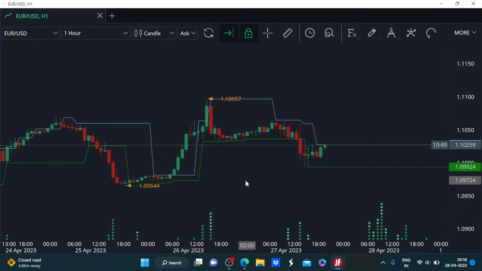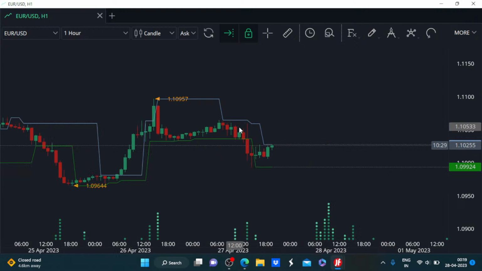If we simply look at the price action in today's trading session, for most part of earlier today, we had this Euro USD price momentum in between these fractal lines. Then after the release of US GDP data, there was a sharp move which pushed the euro lower, closer to 1.1, and that was the only time when the euro was trending.